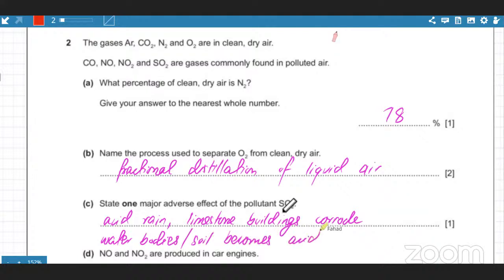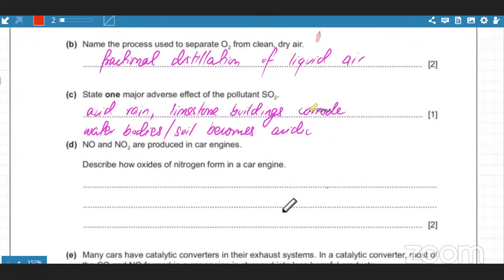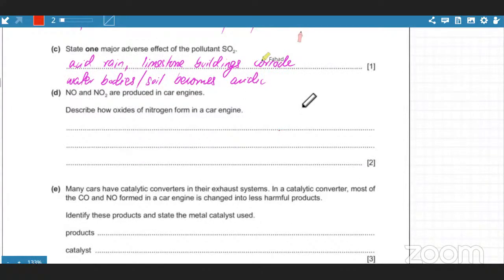So that's going to destroy marine life, and it also destroys vegetation and agriculture. Acidic soils are not good for plant growth, and for humans it also causes skin and eye irritation.